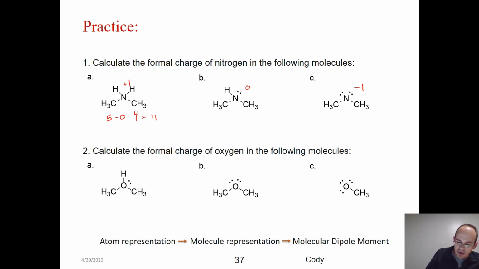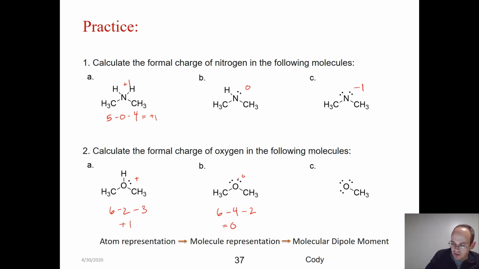When you look at oxygen, we can do the formal charge again on this to see that oxygen usually has 6 valence electrons minus 2 lone pair electrons minus 1/2 of 6 bonding electrons, so 3, and that's a total of plus 1, right? So this is a positively charged oxygen. Here we have oxygen, which normally has 6 minus 4 non-bonding electrons minus 1/2 of 4 bonding electrons, or 2, which is equal to 0.